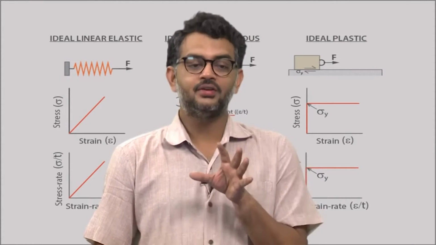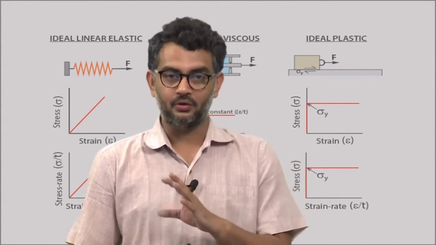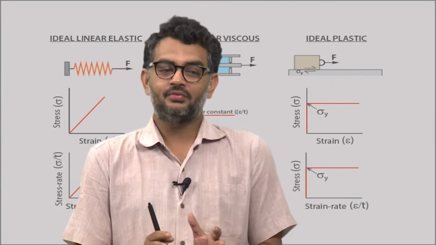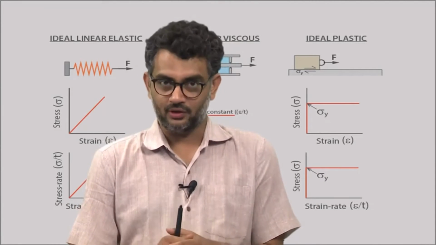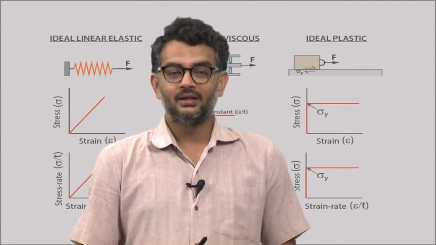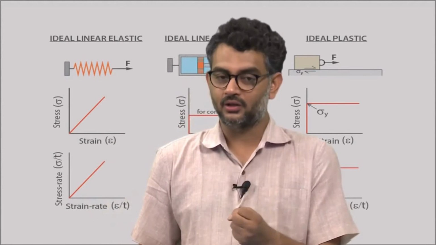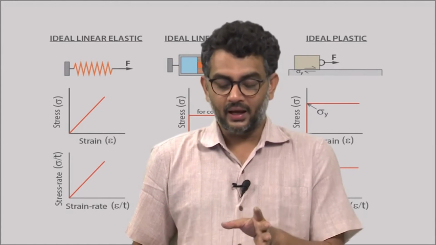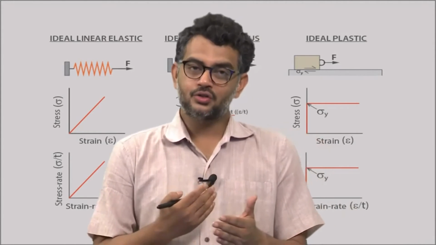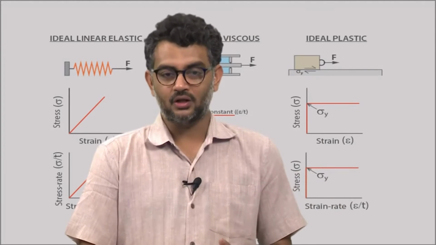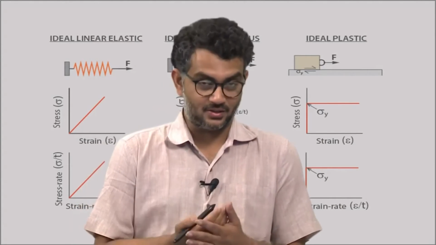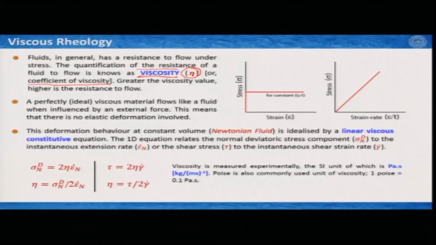And if the viscous material that we are considering is a perfect or ideal viscous material that we hardly see in nature, then it flows like a fluid when influenced by an external force. This we have learnt, and that means that there was no elastic deformation involved. So, if we then plot the stress versus strain of the deformation of this ideal viscous fluid, then we would not have any elastic deformation.